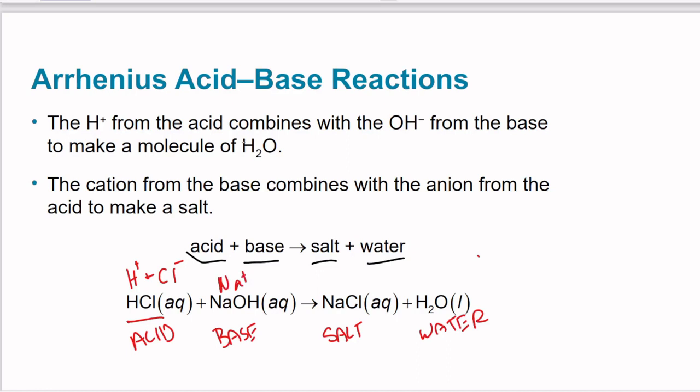We have Na+ plus OH- from the sodium hydroxide. The H+ combines with the OH- to produce water, and the Na+ combines with the Cl- to produce sodium chloride. So an acid plus a base yields a salt plus water in a neutralization reaction.